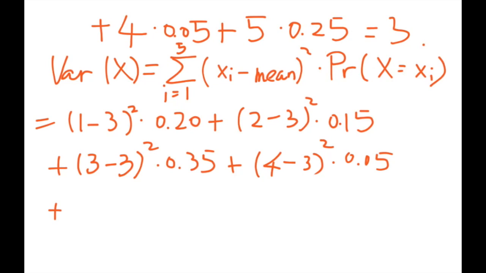And then if we do the algebra, we can see the variance of this discrete random variable x is equal to 2.